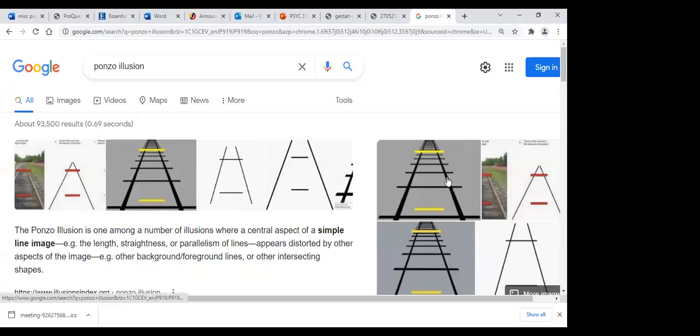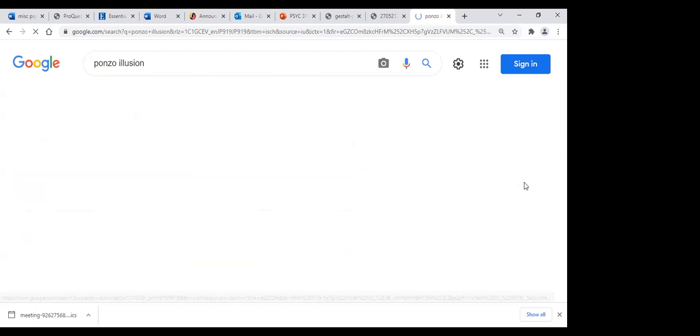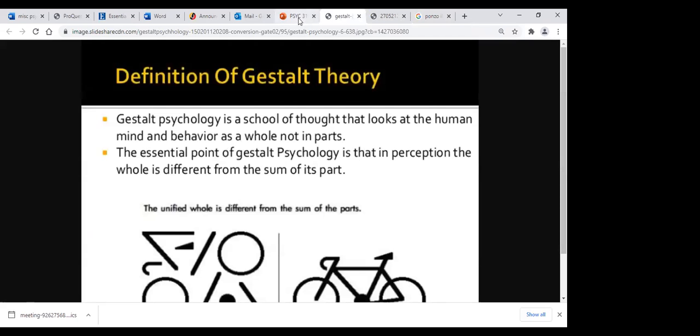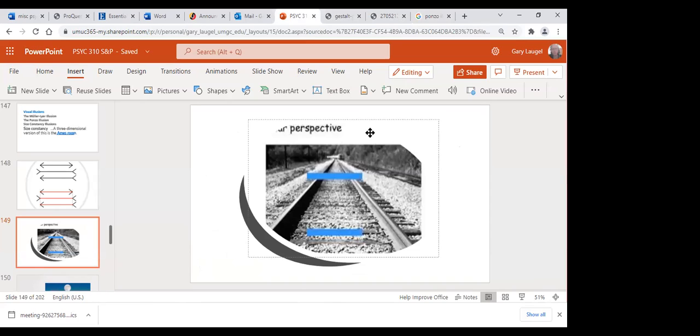Here are a few more examples of that, due to the linear perspective idea. It's usually a pretty strong illusion that seems to work well for lots of people. There are a couple of reasons that the top line or bar should appear larger.